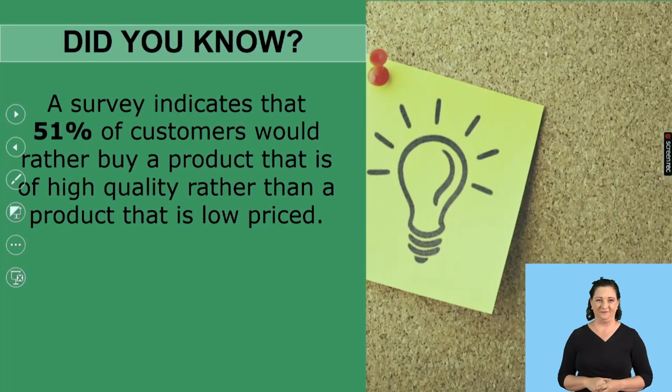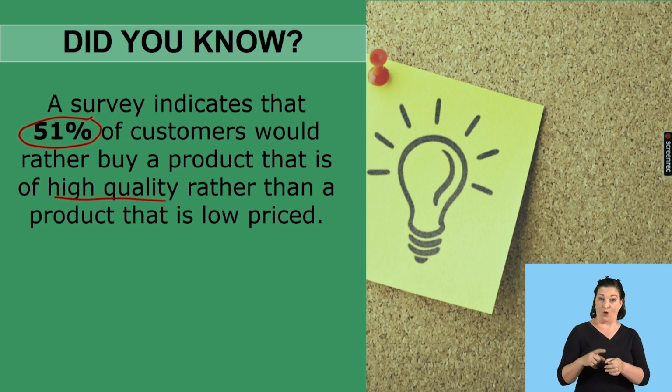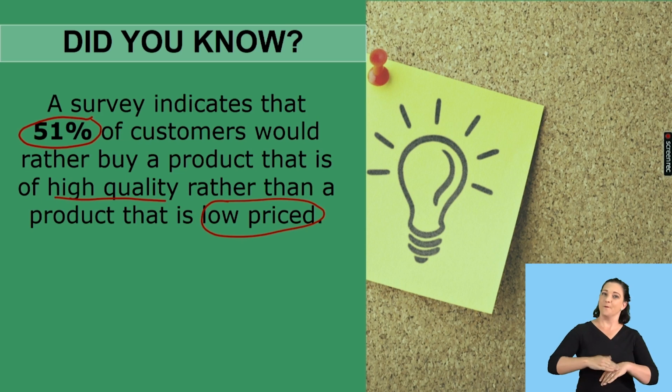Before we can get to the lesson, let's start with our Did You Know for the day. It is said that a survey indicates that 51% of customers would rather buy a product that is of high quality rather than a product that is low priced. Now, isn't that interesting?